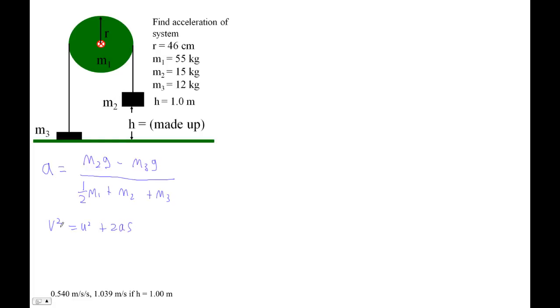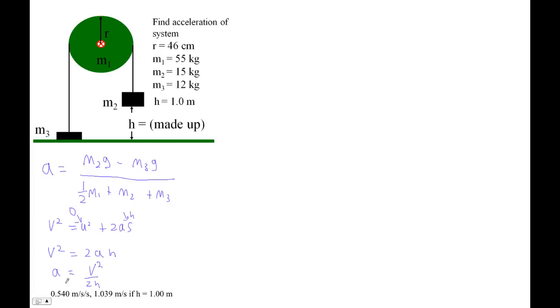If we let it fall some height from rest, then our velocity squared is going to be 2 times whatever that acceleration is times the height, because this is 0 and this is h. So therefore the acceleration is just simply v squared divided by 2h.